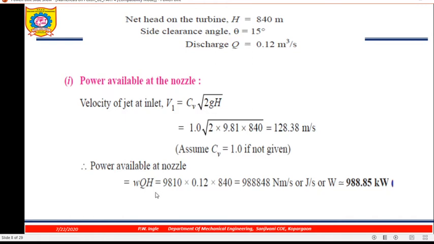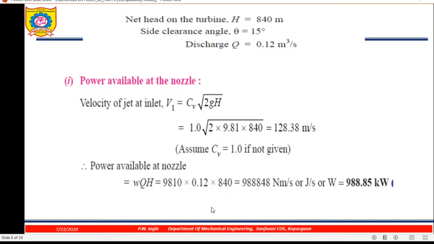How are we getting this formula? What is power available at nozzle? It is 1 by 2 m into V1 square. What is V1? It is Cv under root 2GH. Cv is 1. So V1 square is 2GH. So it is 1 by 2 m into 2 into G into H. So 2 will be cancelled out.